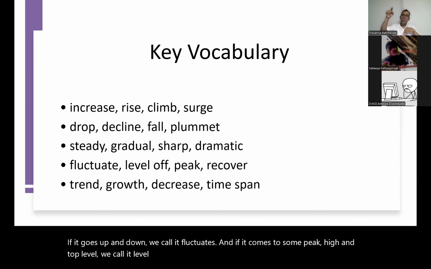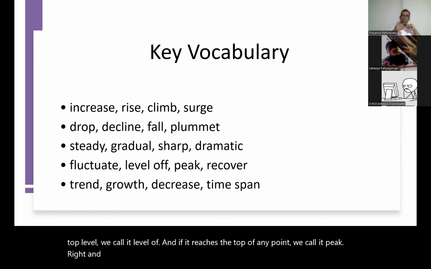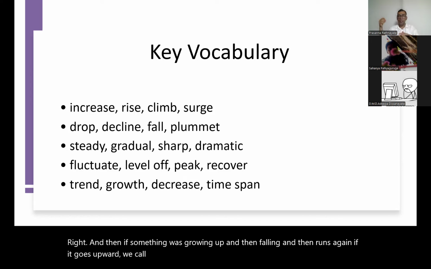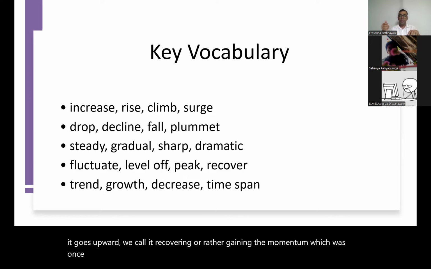If it reaches the top of any point, we call it peak. And if something was growing, then falling, and then once again goes upward, we call it recovering, or gaining the momentum which was once there but later dropped. That is recovery. So I'm just describing the key vocabulary that you can use in a line graph.